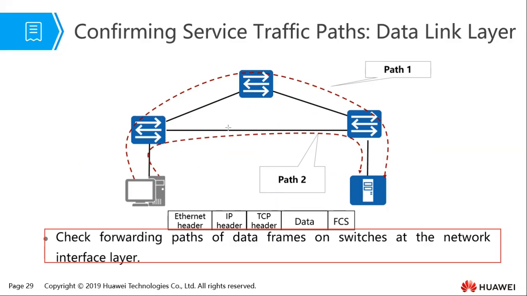We also sometimes check the port roles of STP to find out which ports have been blocked. For example, here we can access this server either through this path or through this path.